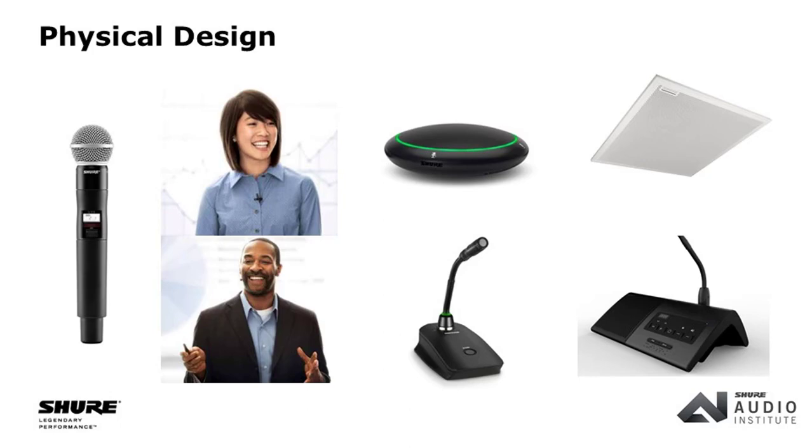Many of you might have run into situations where it's an executive boardroom, the table's made of imported Brazilian marble or something, and you can't drill any holes in it, or maybe you just don't want the visual intrusion of any microphones on the table. So an overhead mic can be a great solution in those cases.